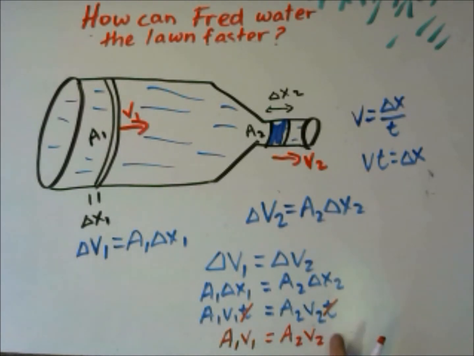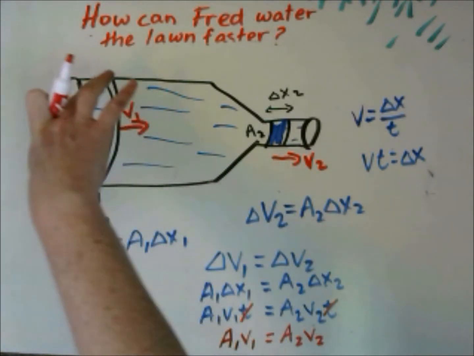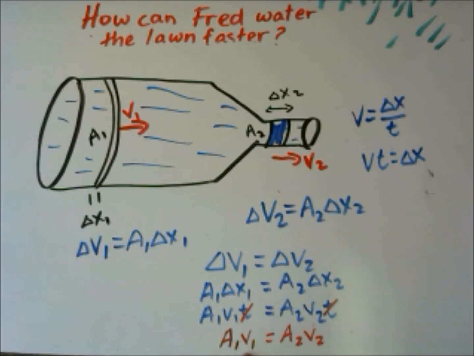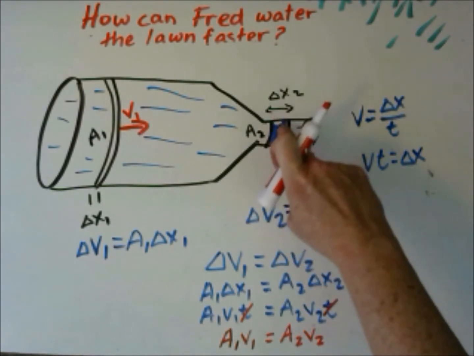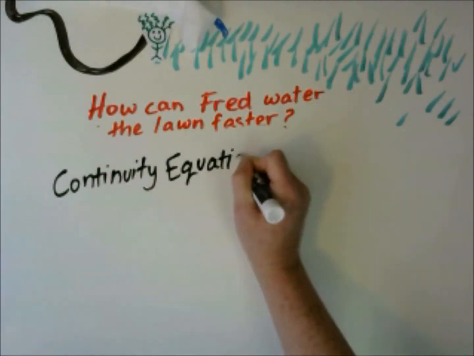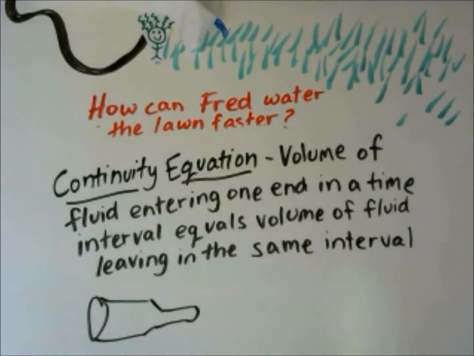The continuity equation tells us that at any two points, the area of the tube times the velocity at that point is equal to the area at any other point times the velocity at that second point. So the continuity equation says the volume of fluid entering one end in a certain time interval equals the volume leaving at another point in the same interval.